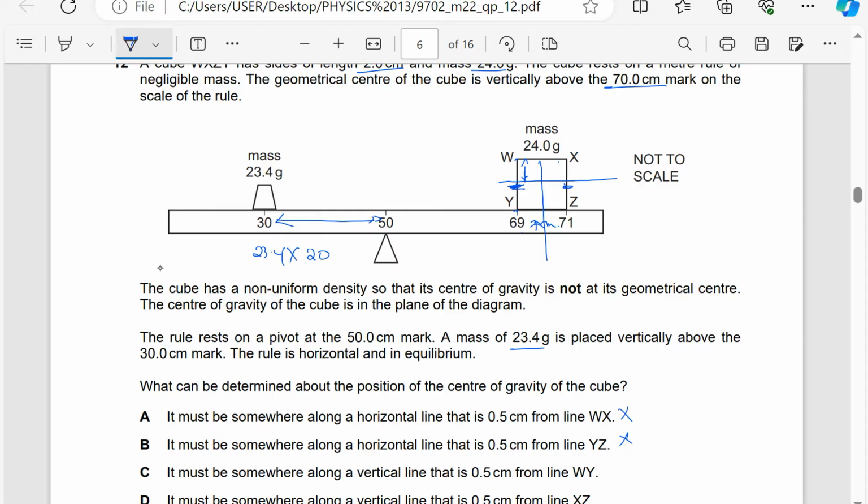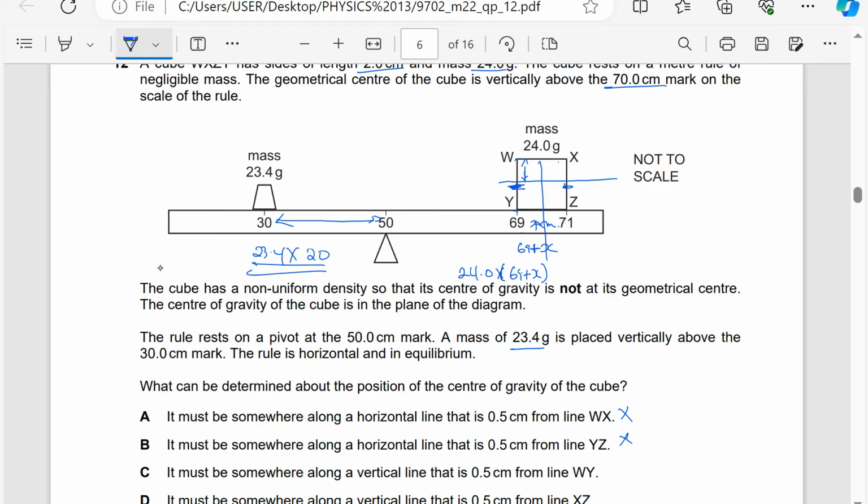And the moment on this side is going to depend on the distance, let's say it is X. Let me just say 69 plus X. So if I say 69 plus X, it means the moment on this side is going to be the mass, 24.0 times 69 plus X. If I check X, I have to equate this to the other one.